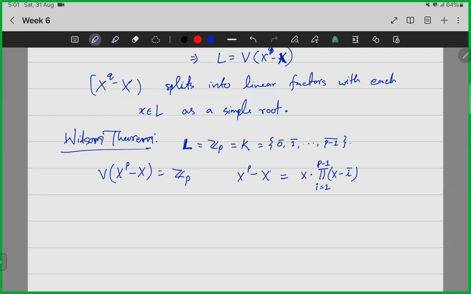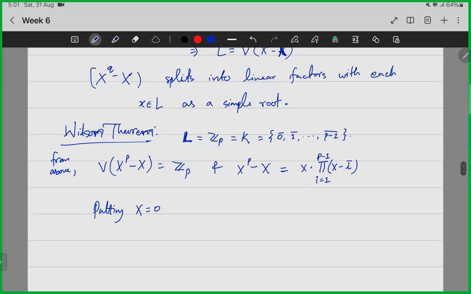Okay, so from here, evaluating both polynomials at 0, what will we get?